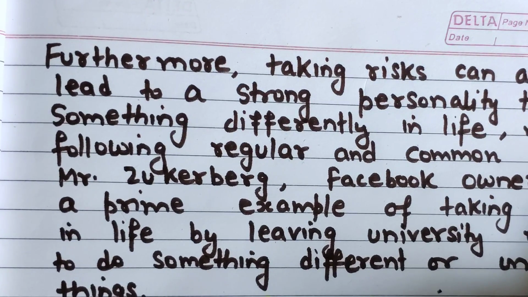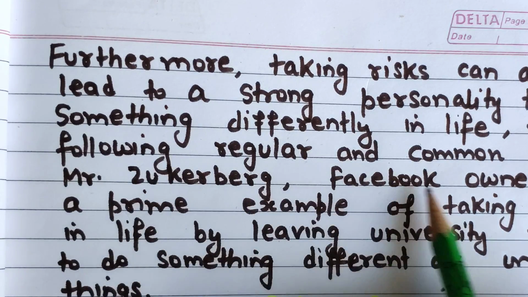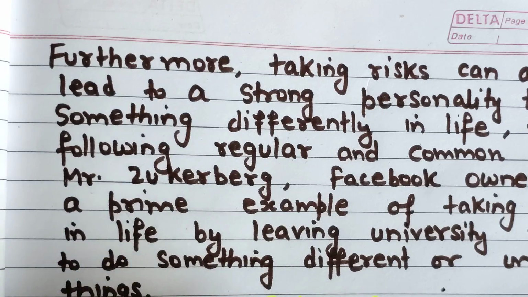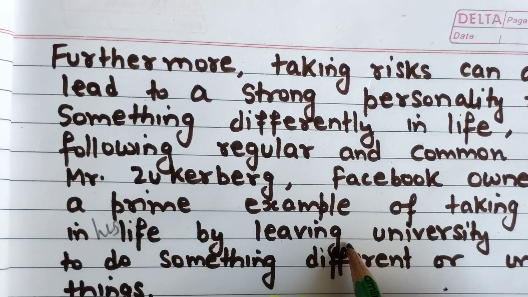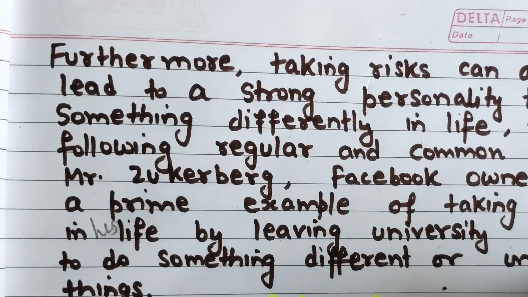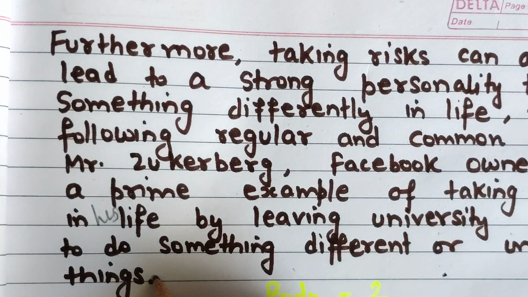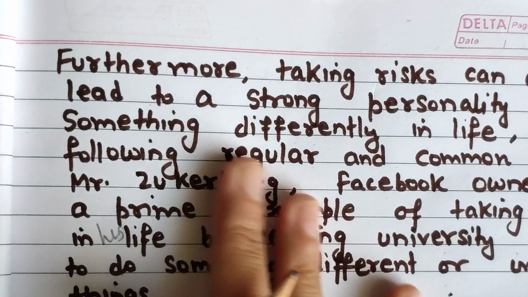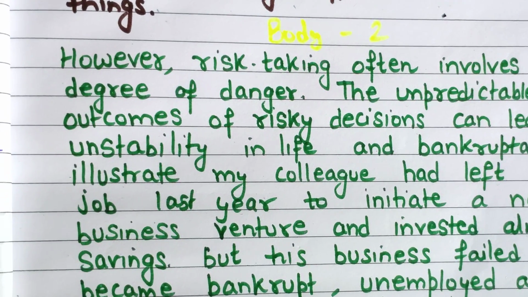So, for example, you can always tell Mr. Zuckerberg, Facebook owner, is a prime example of taking risk in his life, by leaving university education or tertiary education, you can write, to do something different or unusual things. Okay, so this is my last point of advantages. Okay, now let's move on to body paragraph 2.